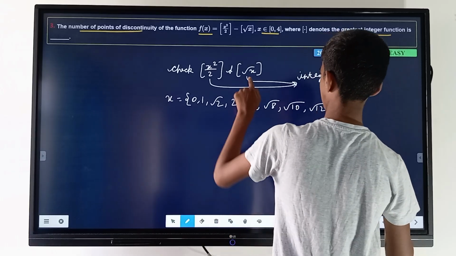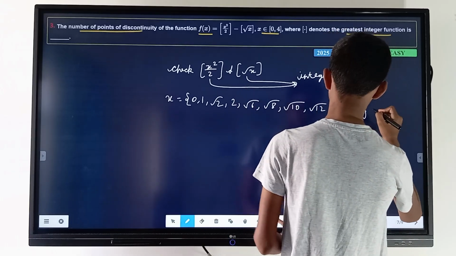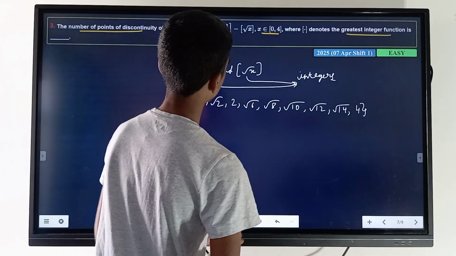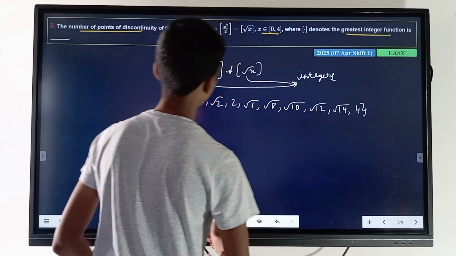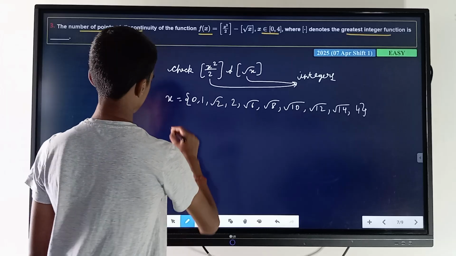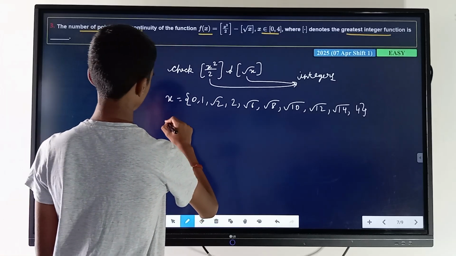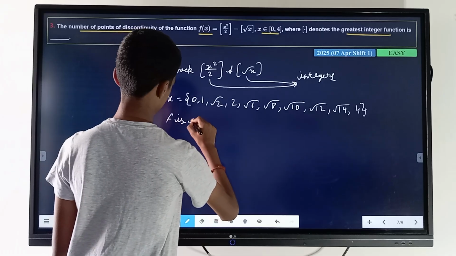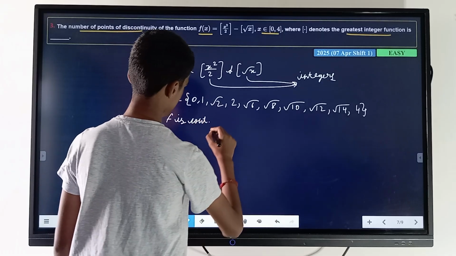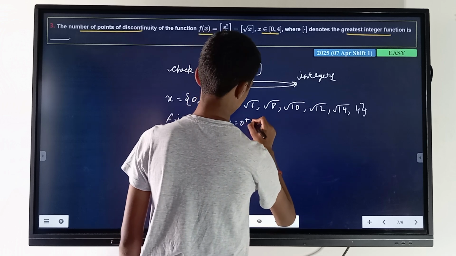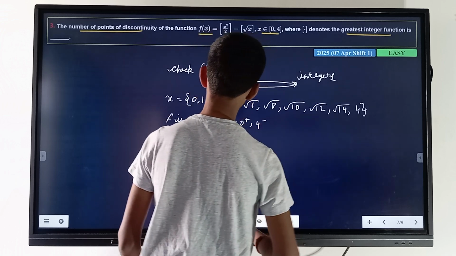For 4 this will be an integer. Now because our interval is between 0 to 4, we can say f is continuous at x is equal to 0 plus and 4 minus.